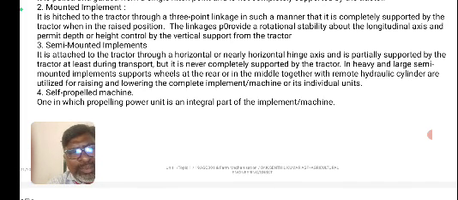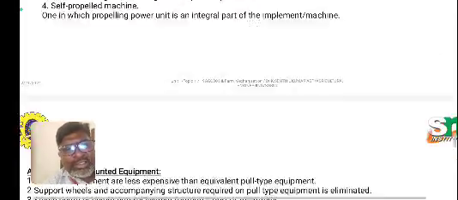In heavy and large semi-mounted implements, support wheels at the rear or in the middle are used together with a remote hydraulic cylinder, which is utilized for raising and lowering the complete implement or its individual units. Self-propelled machine: one in which the propelling power unit is an integral part of the implement as well as machine.